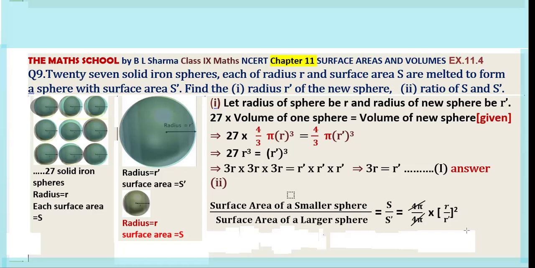In place of r dash, you can write 3r. On further simplification, that is r upon r dash whole square. In place of r dash, you write 3r. So r upon 3r whole square.